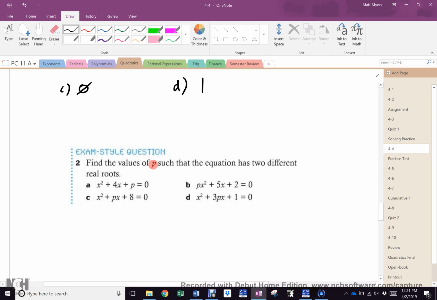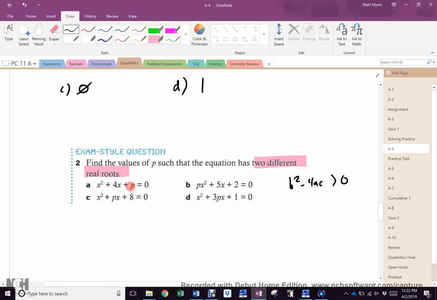Find the values of P so that each equation has 2 different real roots. If they have 2 different real roots, then my discriminant, B squared minus 4AC, must be what? Greater than, less than, or 0? Has to be greater than 0.